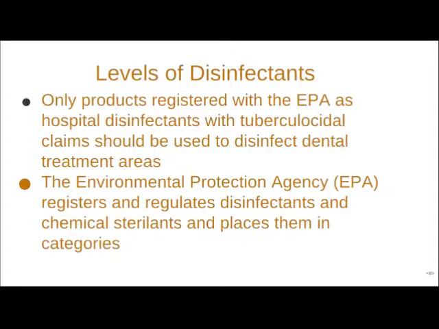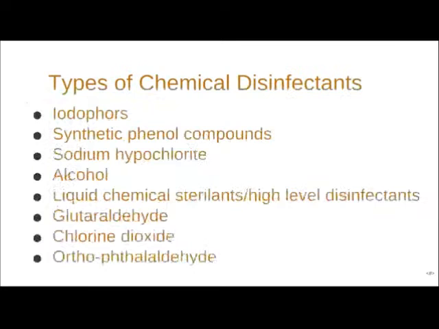I've mentioned that a disinfectant has to kill tuberculosis in order to be used correctly between patients in the dental office. We call this a hospital level intermediate disinfectant. It also has to have an EPA registration number.